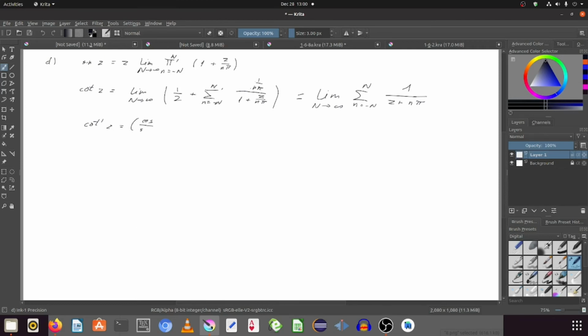I ought to know this, but I don't. I think it's 1 divided by sine squared, but maybe it's, we'll just do it very, very carefully. So it's cosine divided, that's minus sine squared.